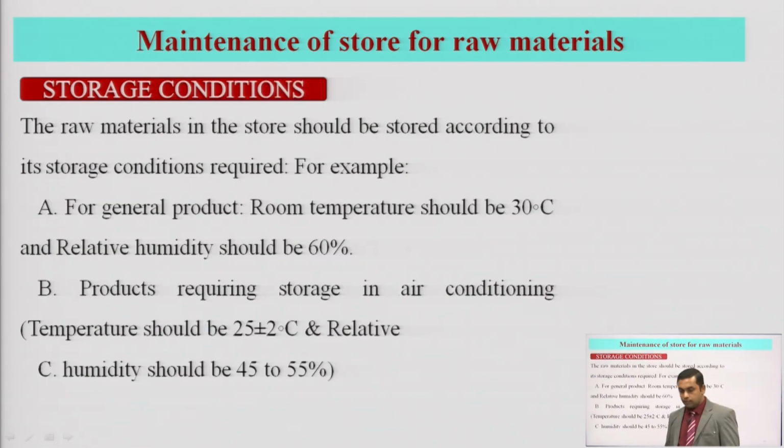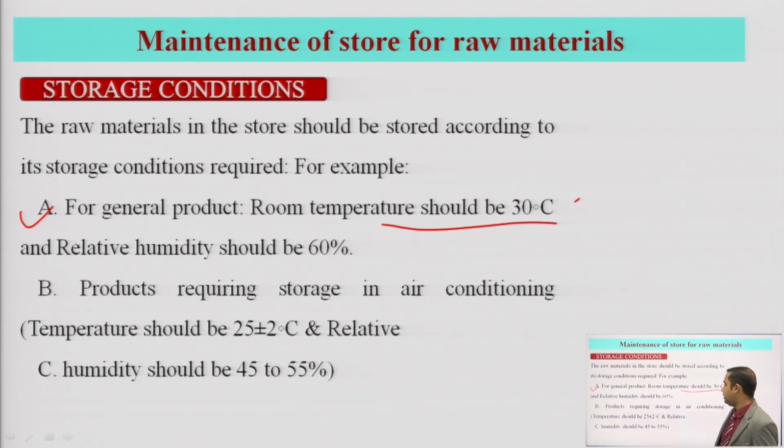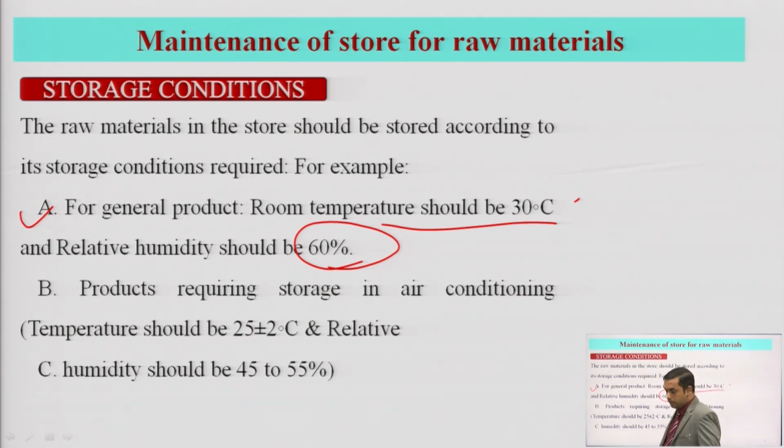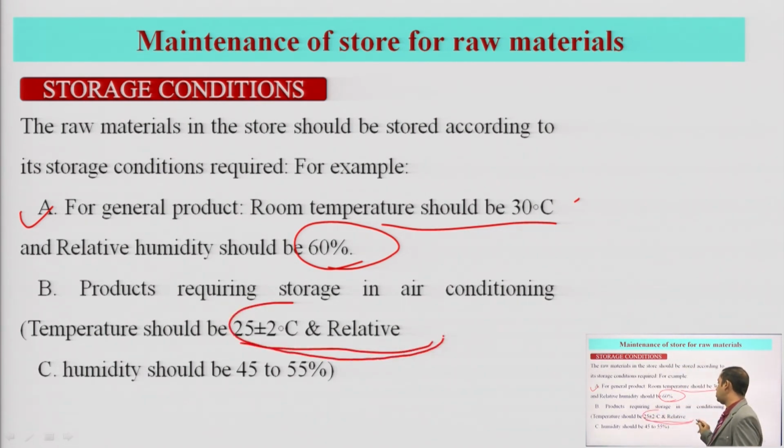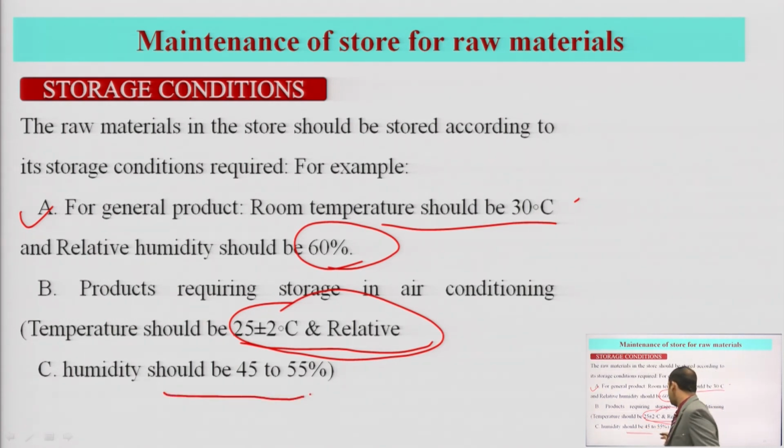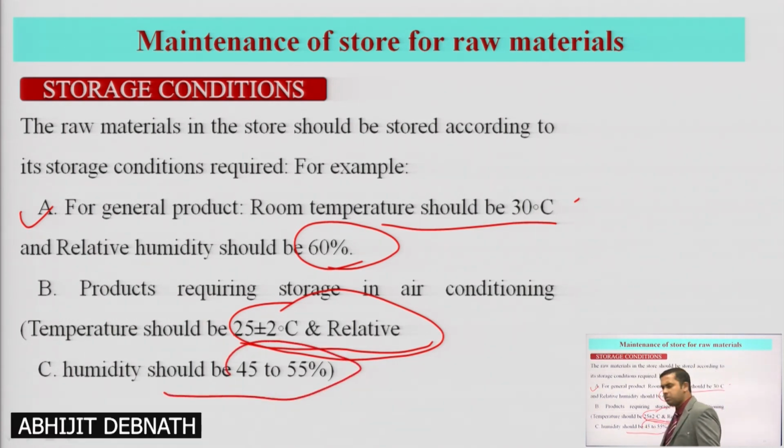And yes, what will be the storage condition? For general product, the storage condition is room temperature, about 25 degree centigrade, relative humidity almost 60%. For products requiring storage in air conditioning, it should be 25 degree plus minus 2, and relative humidity should be 45 to 55%.